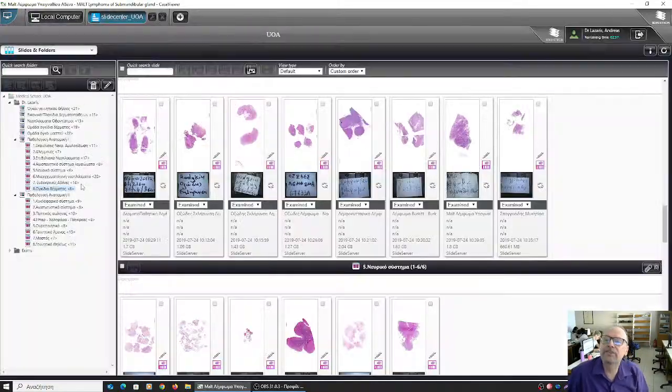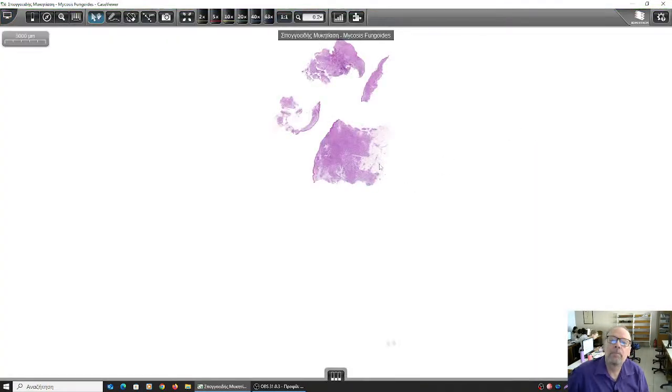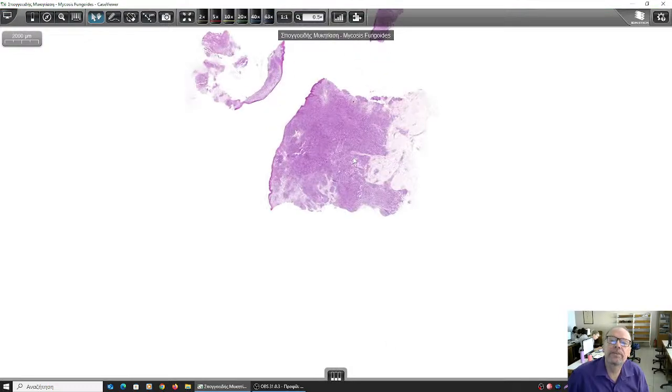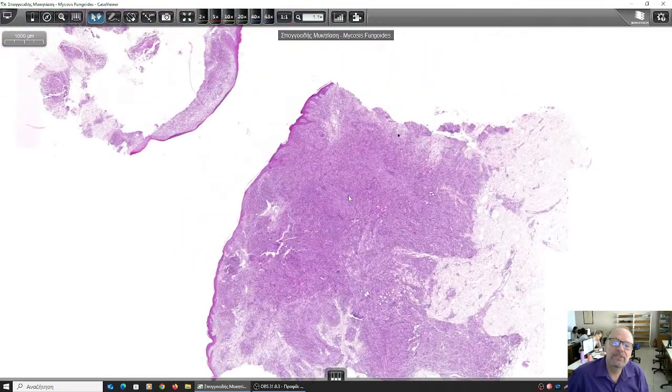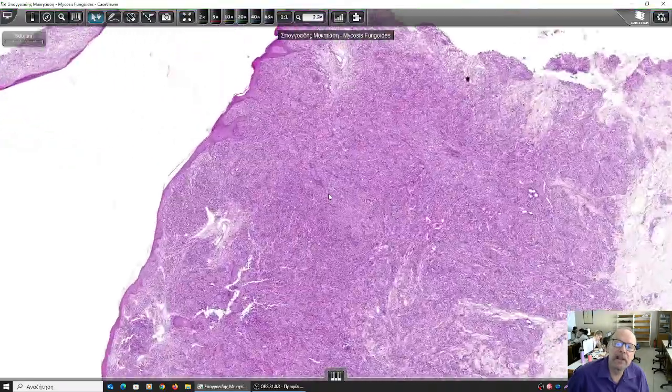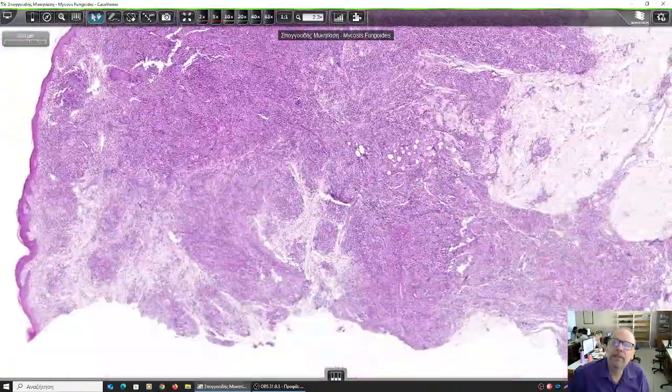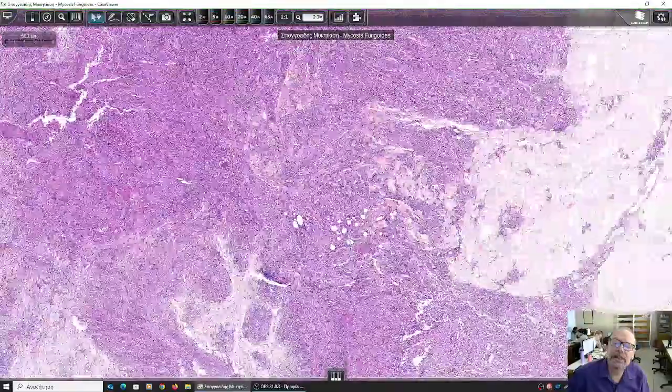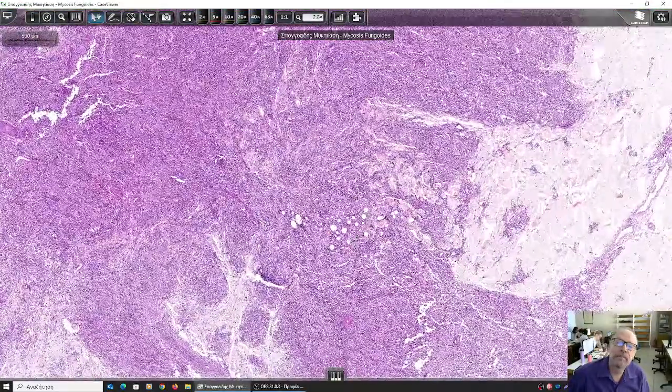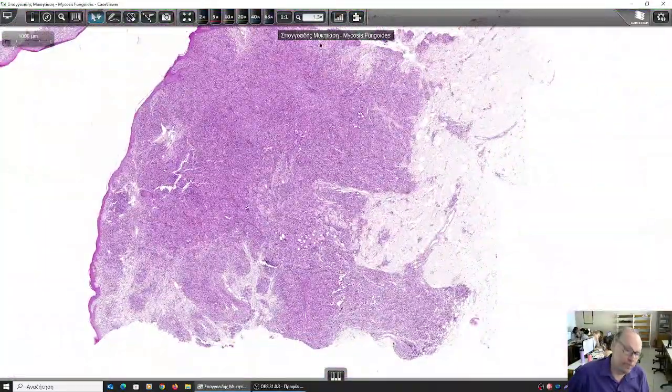And our last slide is mycosis fungoides, which is a skin lymphoma, extranodal lymphoma of T cells. And can you tell me the sign of malignancy that is evident here? This is skin. You see the epidermis.